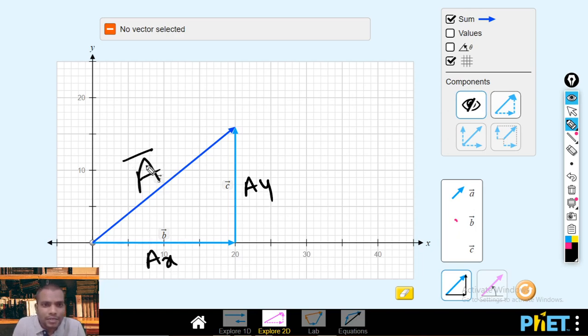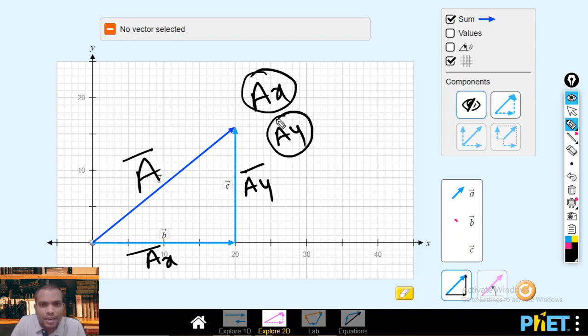If a is a vector, obviously ax is also a vector and ay is also a vector. I want to know the value of ax and the value of ay. Remember that ax and ay are formed from a itself only.